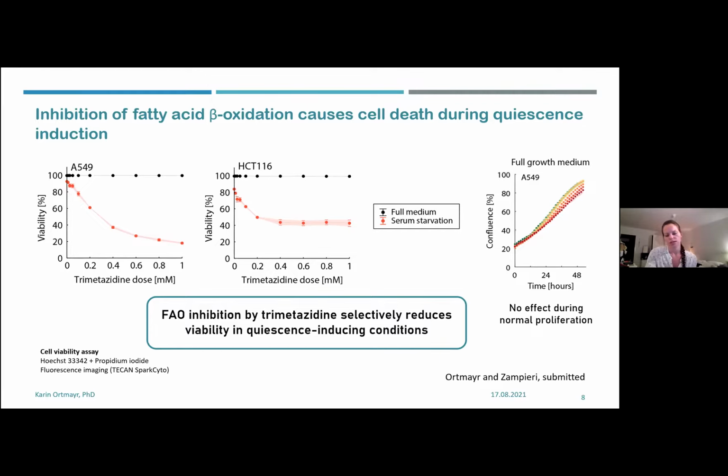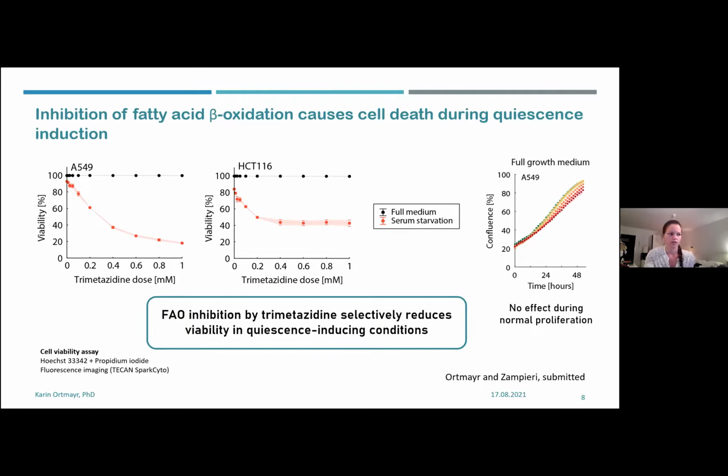But this was really limited to the quiescence-induced environment. In full growth medium, where the cells rapidly proliferate, there was absolutely no effect of this drug on viability, and minor, if any, effect on the growth rate.